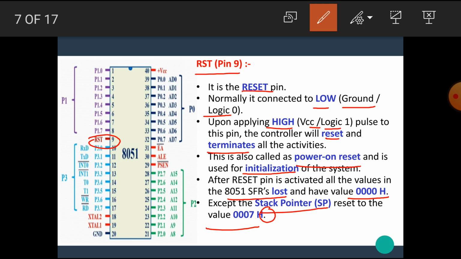In other words, we can also define the function of the reset pin as similar to restarting our mobile or PC. What happens after restarting our mobile or PC? All the current tasks or work get stopped or terminated. Similarly, when we activate this reset pin by providing it a high pulse, the microcontroller stops all its current work and returns to the beginning value.